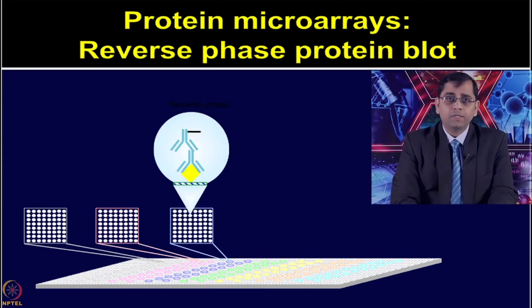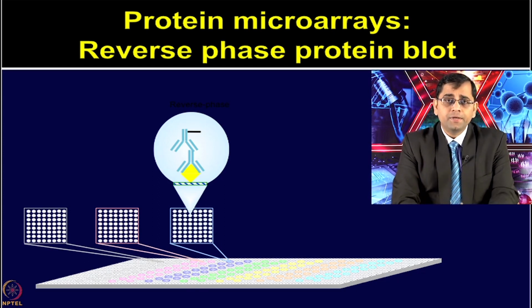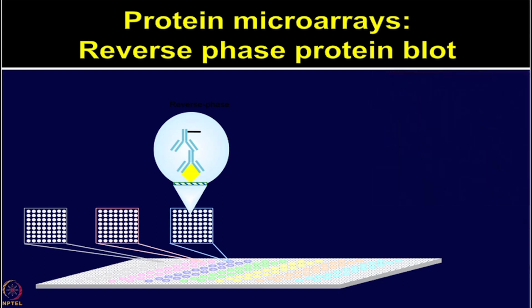In reverse phase protein arrays, a complex mixture such as cell lysate or tissue lysate is printed and probed with specific detection labels. All of these three methods, direct labeling, sandwich immunoassay and reverse phase protein arrays, rely on antibodies.